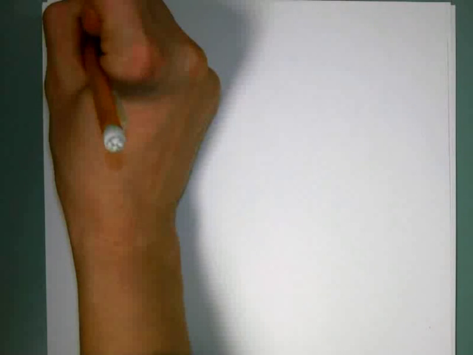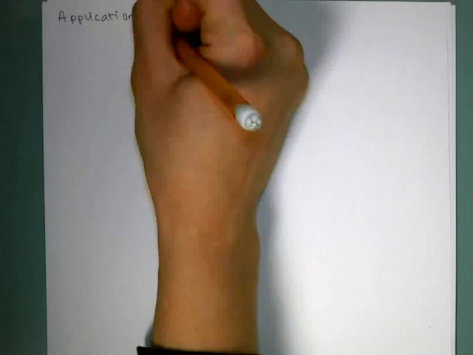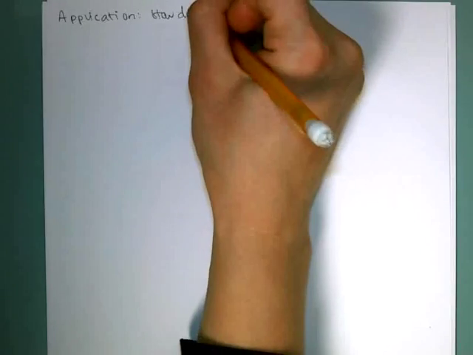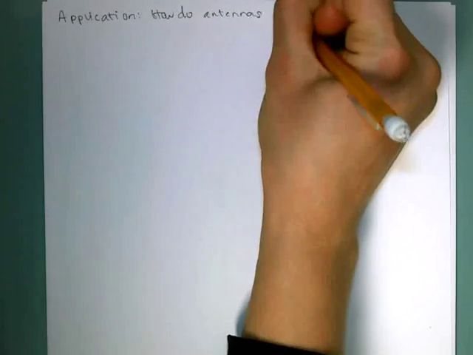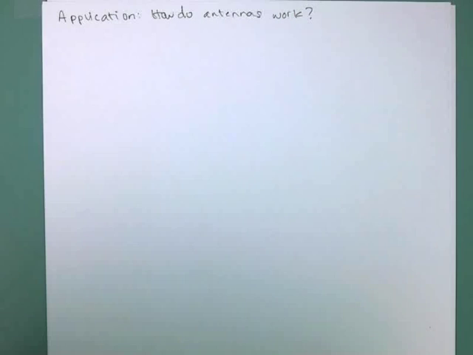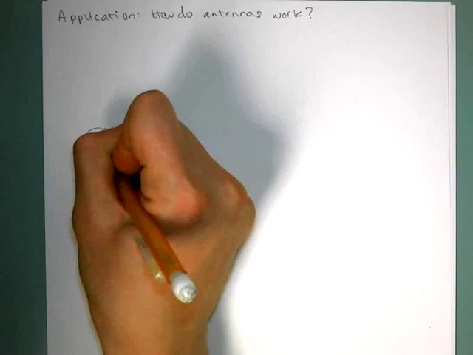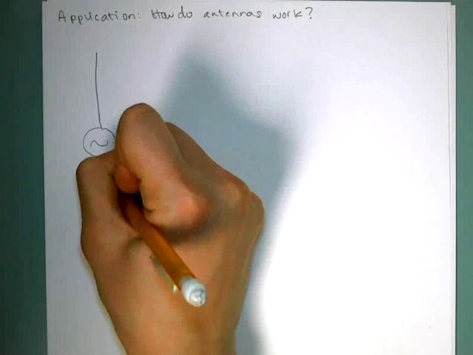So I just want to redo that example, which is an application to antennas. Okay, and so your book has a little diagram, which I'm going to simplify just a smidge.